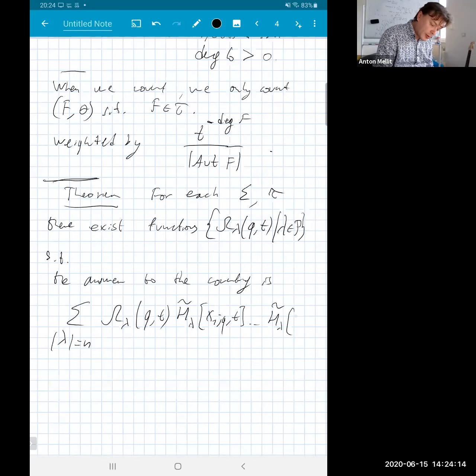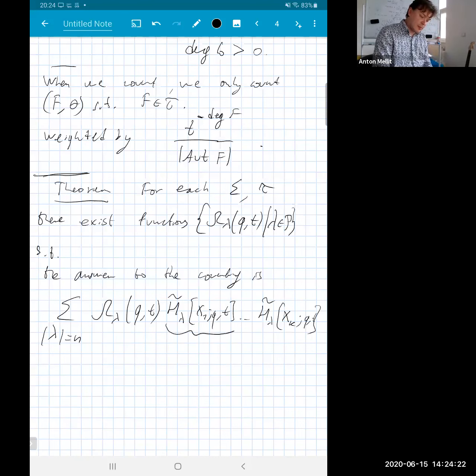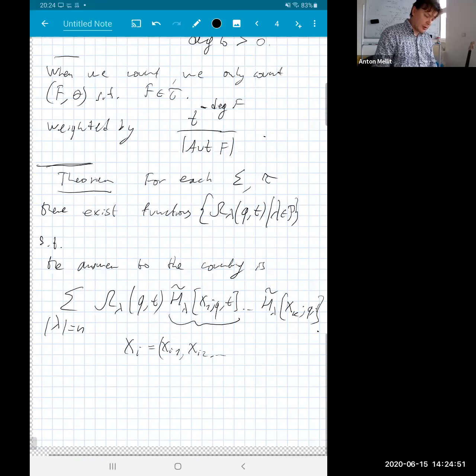I will explain. Each xi is a set of variables. So this is viewed as an element of Hall tensor Hall tensor Hall tensor Hall, and I just rephrase it as a function in several sets of variables.